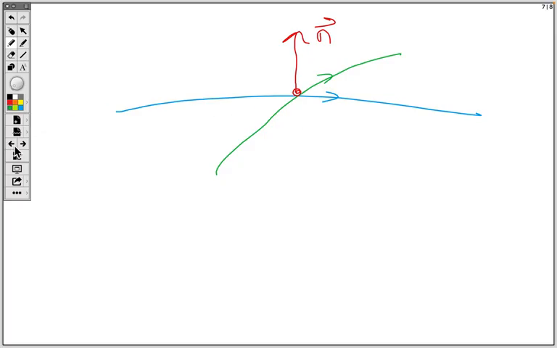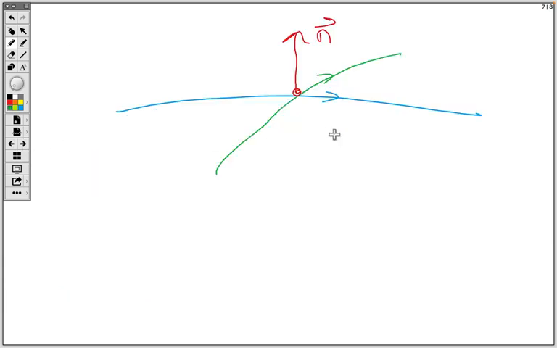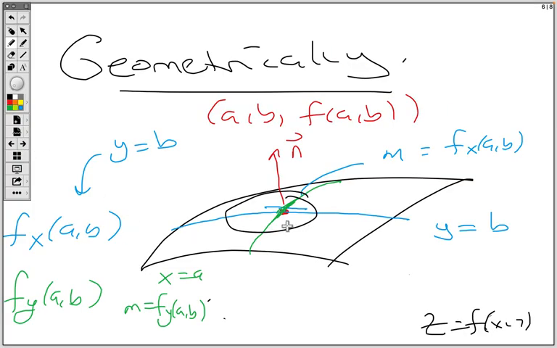So for the blue here, we're holding y constant. The slope here in the xz direction is fx. So for the blue vector, I'll call this v. We're holding y as a constant, and we're changing the x.